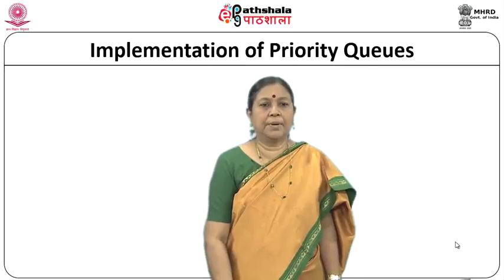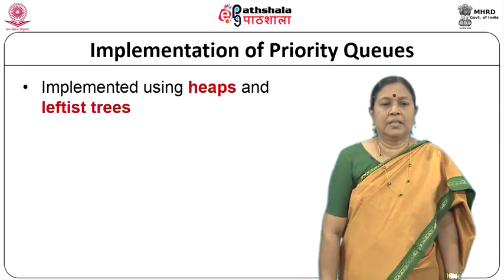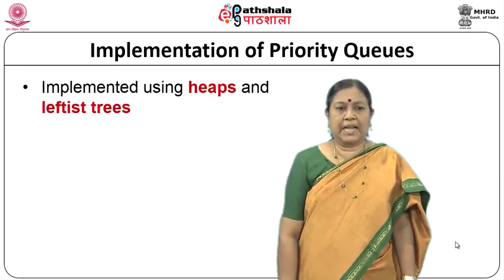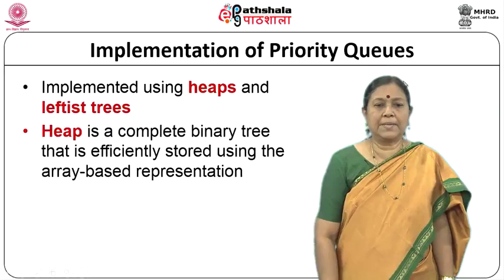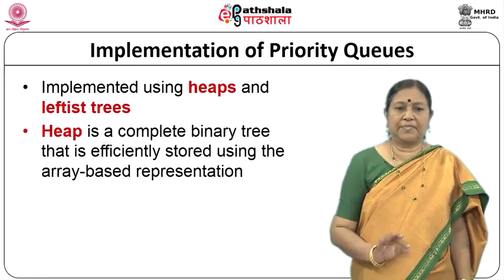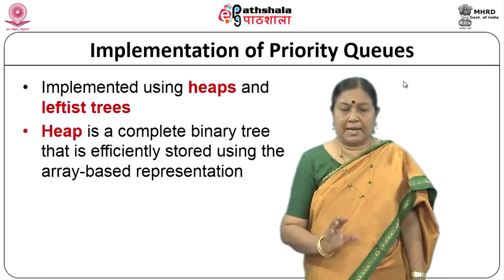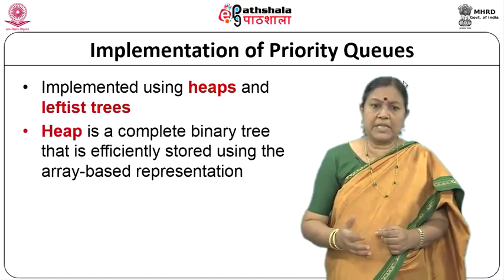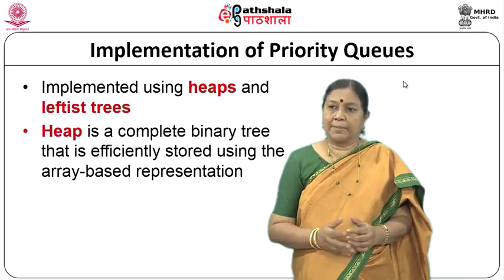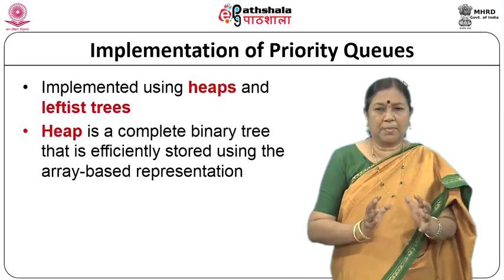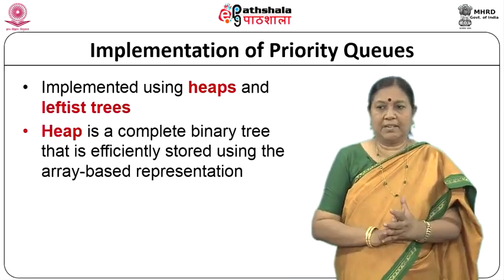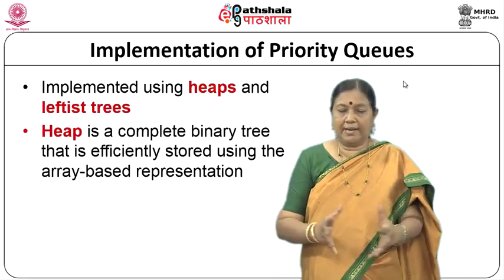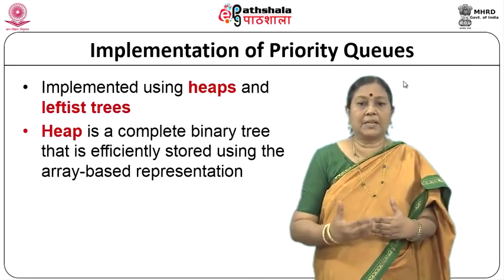Now, let us look at the implementation of priority queues. This is implemented using heaps and leftist trees. A heap is a complete binary structure that is efficiently stored using an array based representation. Later on, when we talk about trees, we will talk a little bit about array based representation. Here we are just looking at a small application of binary tree. We are not going into tree in detail, but we are looking at how the heap is a complete binary tree.